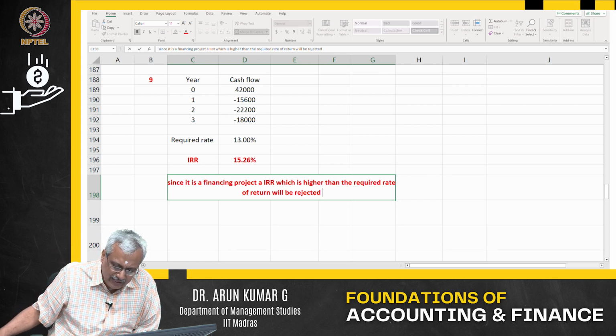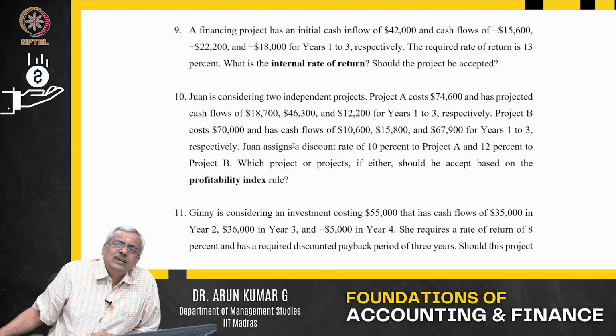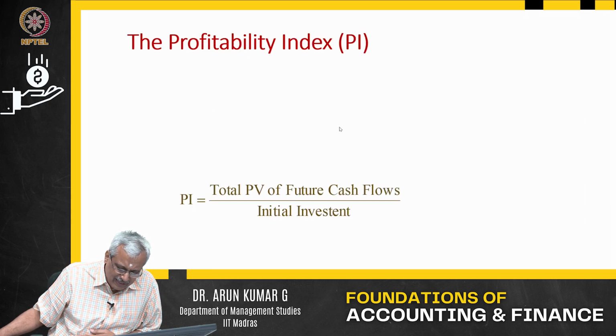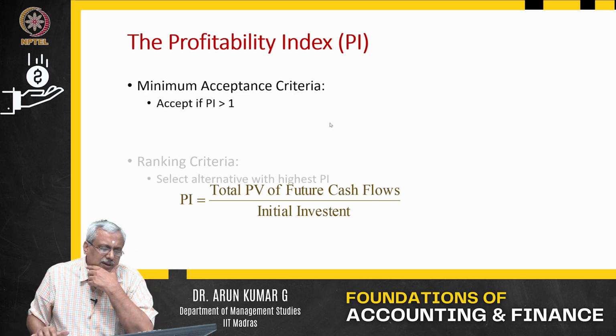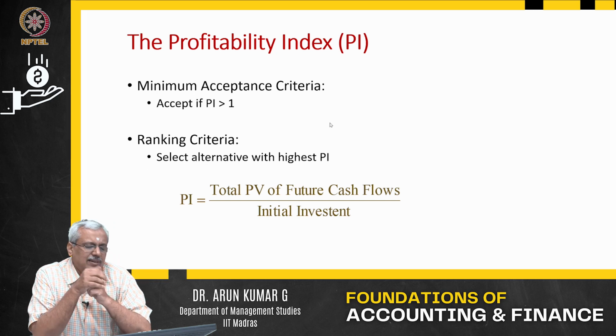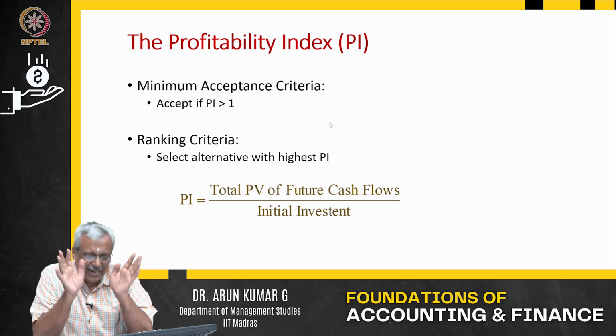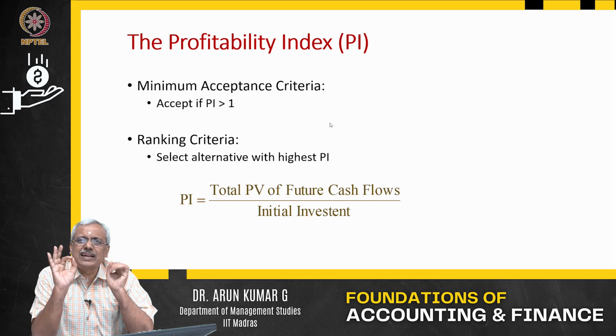Let's move to the next problem. There's one more concept that we call profitability index. I did not cover it in the slides. Let me go back to the profitability index part. What is profitability index? It is nothing but the total present value of all the cash flows divided by the initial investment. That gives you a percentage.